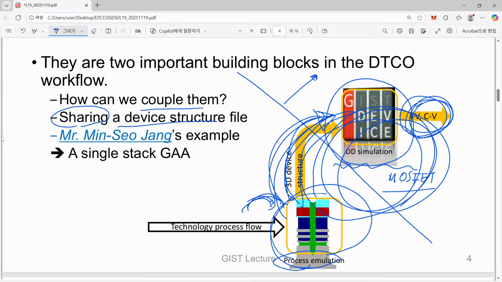The process emulator generates a certain device file, named something.cgns. This is a common file format, and we are using that file format. But once the Armstrong craft code is over, we have a structure file, but that structure file just describes the surface of this structure.